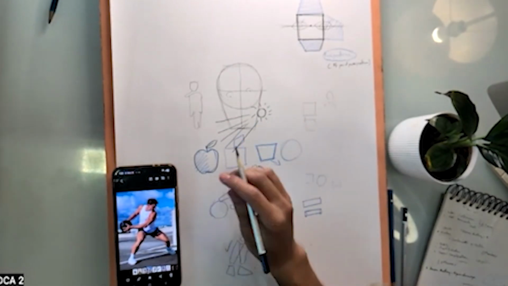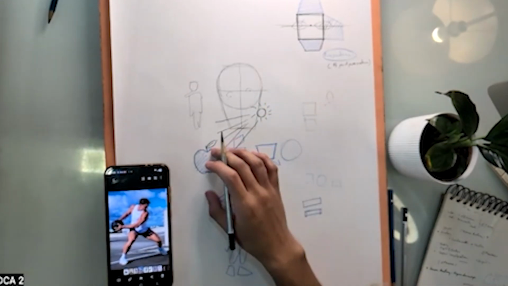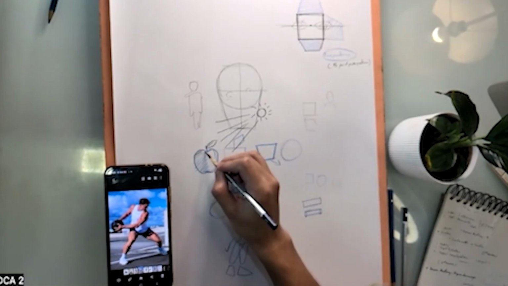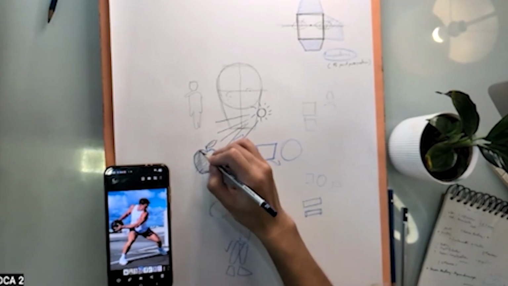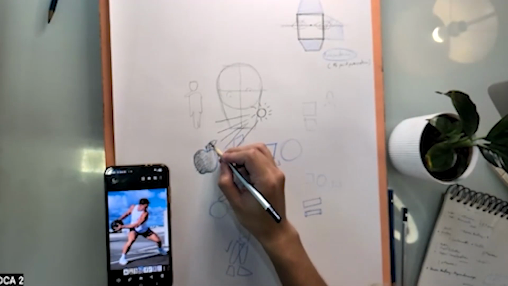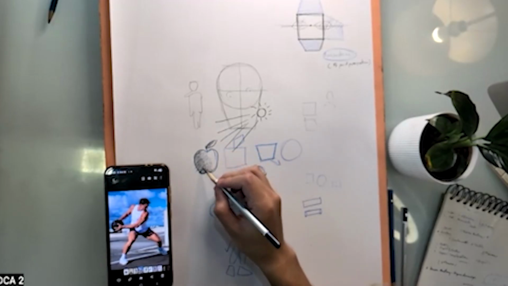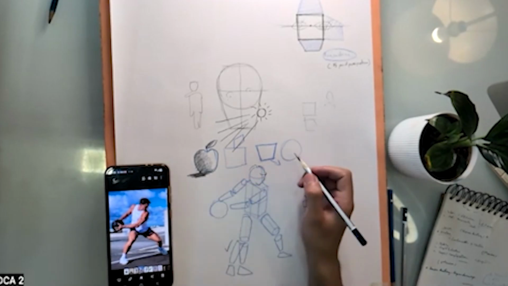Now, simple science: when the direction of the light is from a certain position, the opposite side of the subject or the object would have the shadow, right? There.